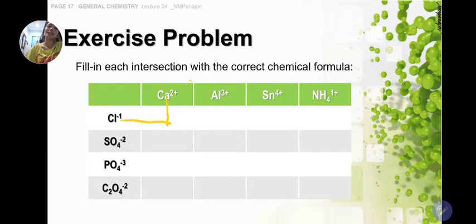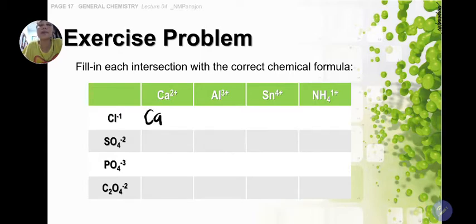Usually, kapag magna-naming tayo ng compounds, ang inuuna natin, or gumagawa tayo ng chemical formula, ang inuuna natin is yung cation. So, mauuna natin isulat yung cation. That is Ca. Okay. We have Ca.